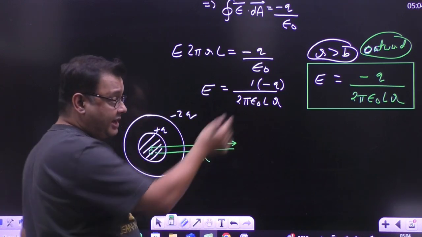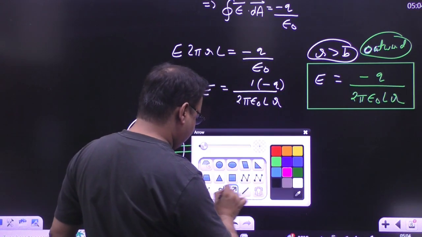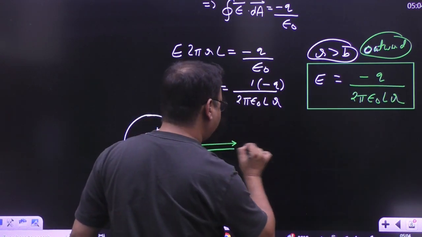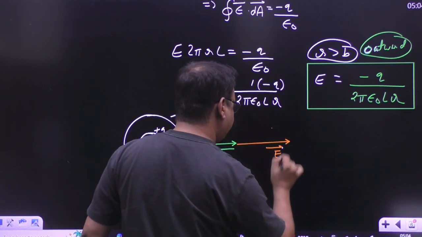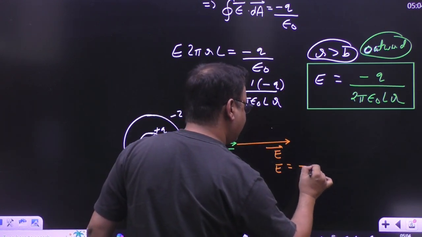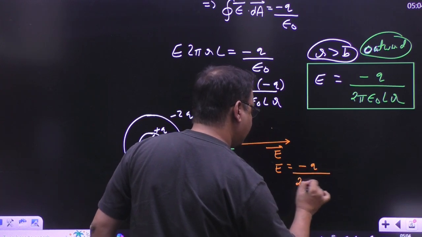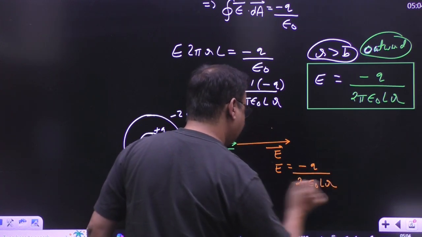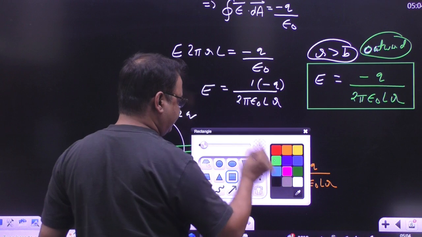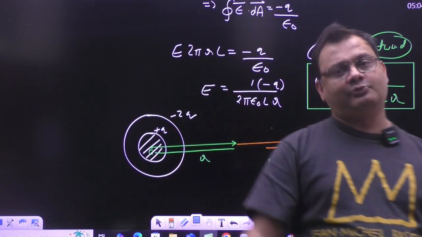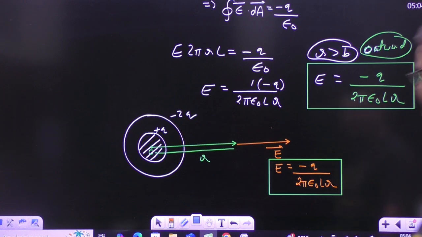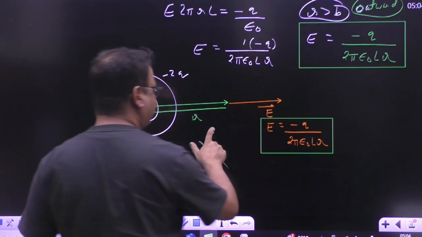So when you have derived this formula, basically you have made the field outward. And in this derivation, your E came to be minus Q by 2 pi epsilon naught LR. So one way of writing the answer is this. You can write this much field radially outward.